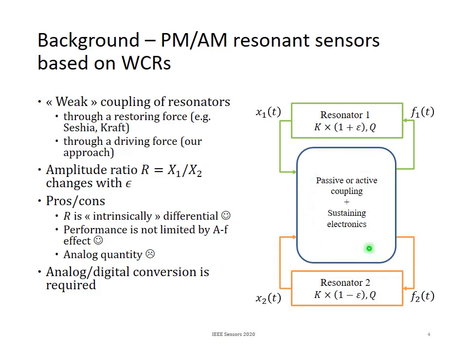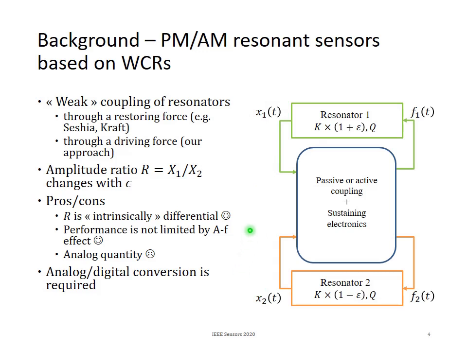Through some sustaining electronics, the resonators are maintained in a steady state of oscillation, as in a conventional oscillator. In such a setup, the oscillation frequency has little dependence on epsilon, but the phase difference between, for example, the motional signals or the ratio of the amplitudes of the motional signals are highly sensitive to epsilon.